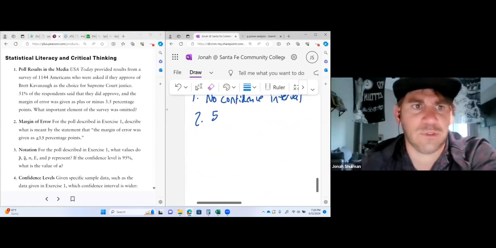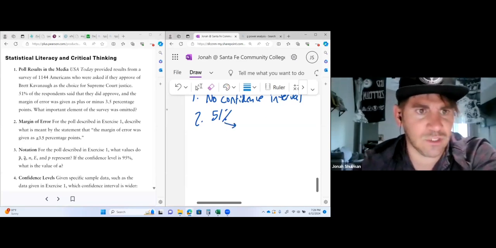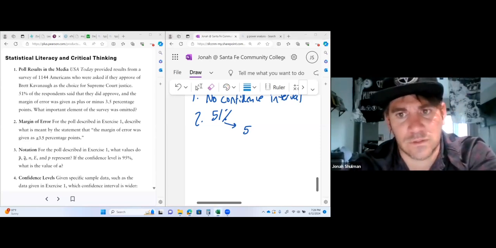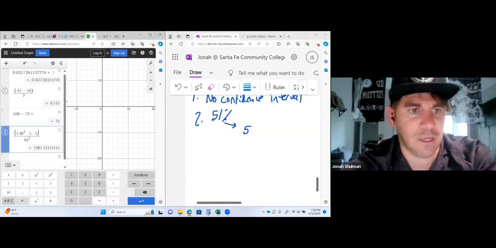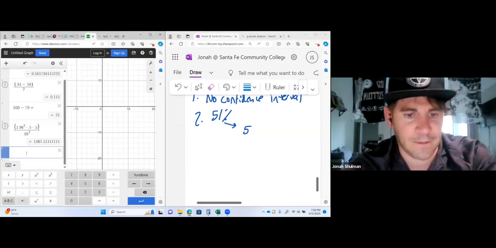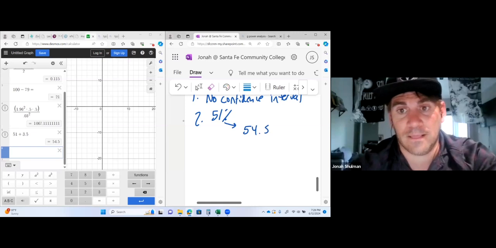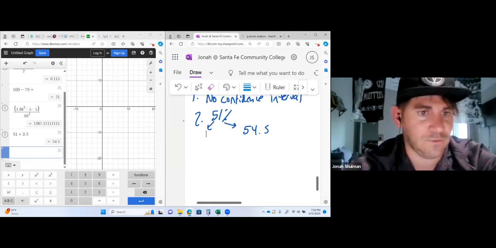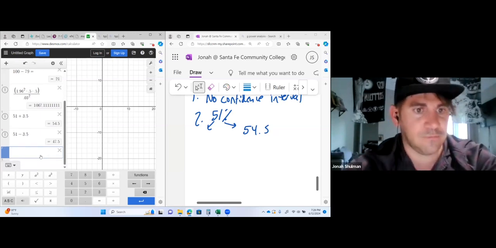this means the 51% of respondents who said that they did approve is really between what? 51 plus 3.5 is 54.5, and 51 minus 3.5 is 47.5.